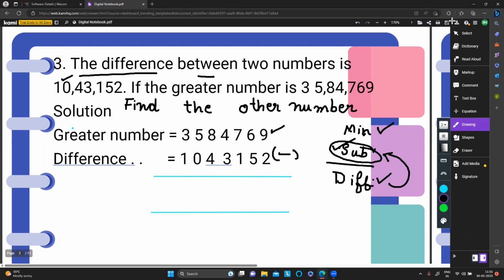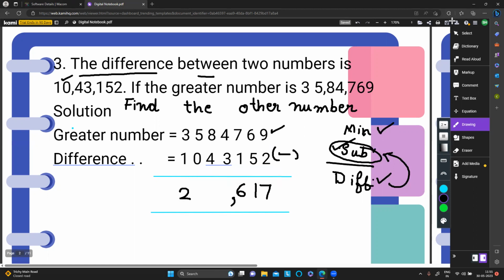Then start subtracting the number that you are going to obtain. Please keep a pause here, subtract and see. Okay, the answer that you are going to obtain is 25,41,617. Okay, here I think there is no borrowing involved.